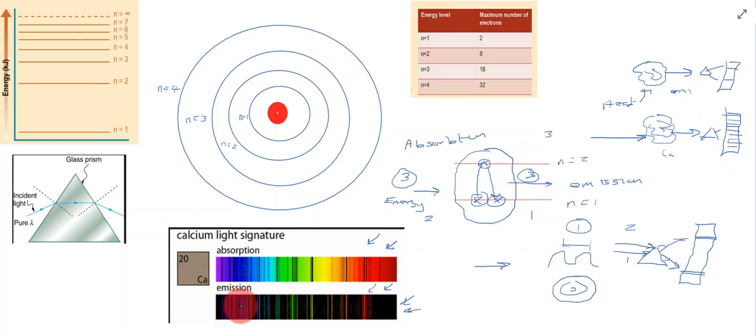You have loads of different wavelengths of light being bent when it passes through a prism. So you take calcium, heat it up in a gas like this, pass it through a prism, and you separate all the wavelengths of light being emitted by the electrons in the atoms of calcium. And you can see it's very, very complicated.